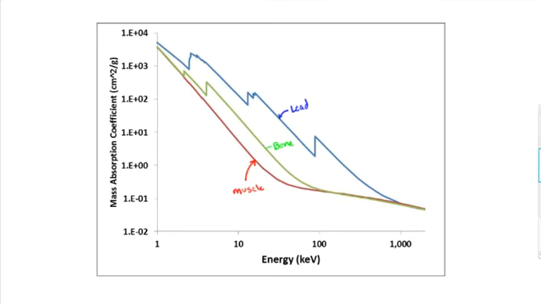So let's look at these three curves again and talk about the interpretation for a minute in terms of clinical application. First of all, concentrating in the diagnostic imaging range, so let's say below about 100 keV, as you go to lower energies, and you can control the energy of the X-ray source, the absorption is going to be higher, and actually the contrast is going to be higher.